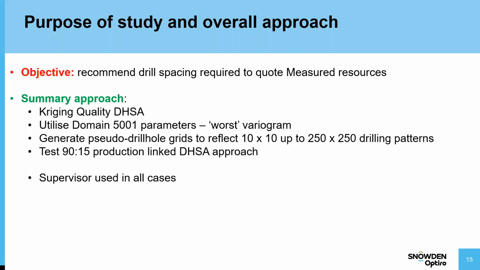So domain 5001 was a lower grade nickel domain that encompassed the higher grade central core. We generated pseudo drill grids to reflect 10 by 10 up to 250 by 250 drill grids. And then we also checked the 90-15 production linked approach. And we used Supervisor in all these cases with a tiny amount of Excel post-processing.